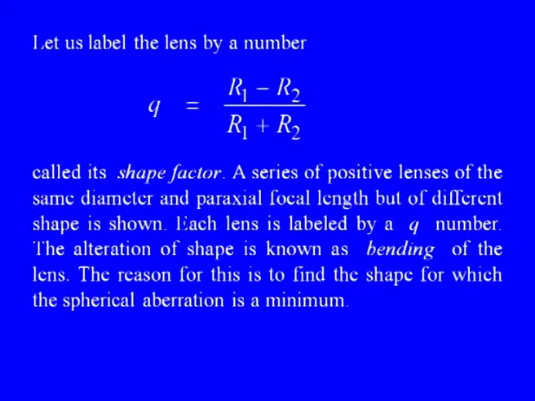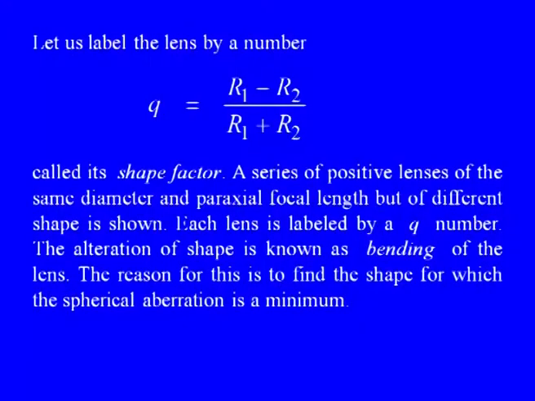So, we are making a comparison of lenses of different shape factors, different combinations of R1 and R2, of all these lenses of the same size and the same paraxial focal length, but of different shapes. Each lens is labeled by some value of q that we show now in the next figure. The alteration of shape is known as the bending of the lens.